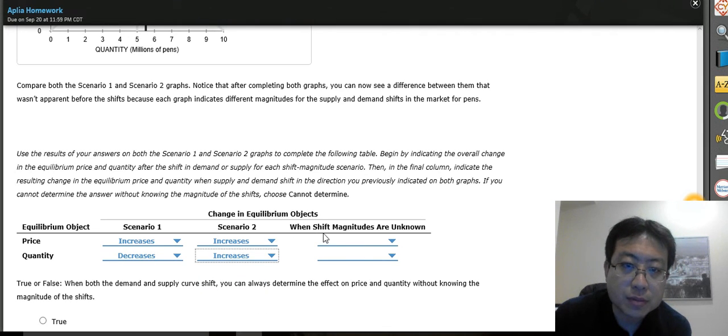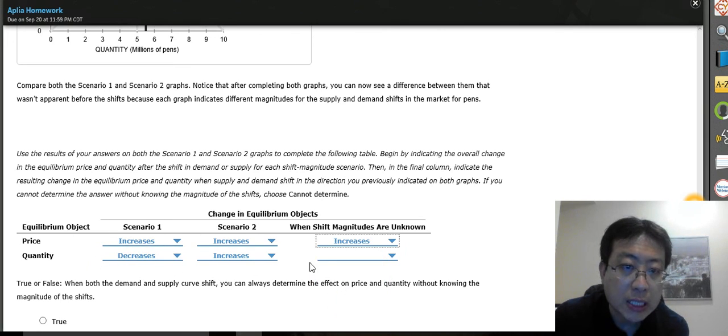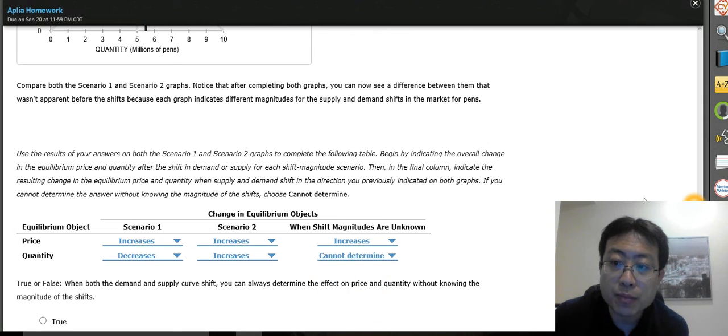And then when you combine these two scenarios, price definitely increased in both scenarios. But for quantity, scenario 1 decreased and scenario 2 increased. So the combined effect is that we cannot be for sure. So it's undetermined.